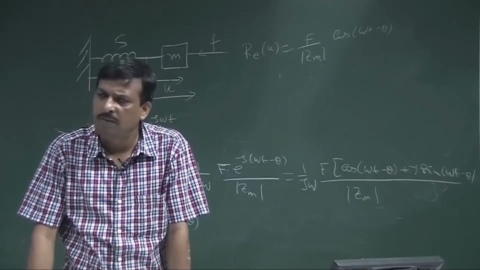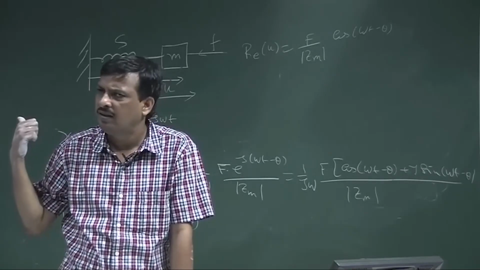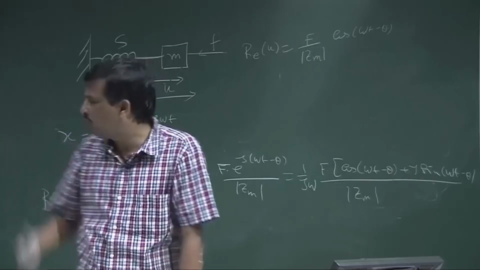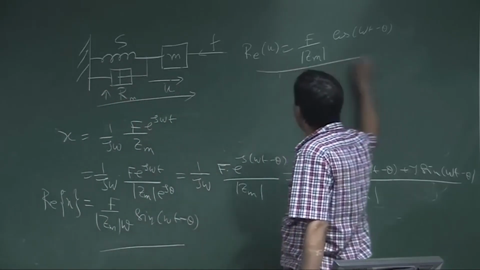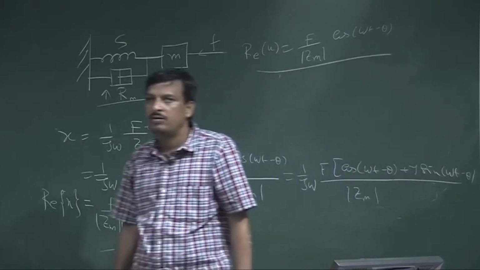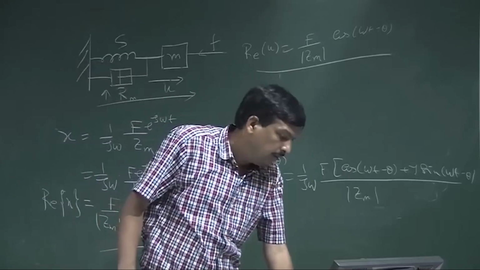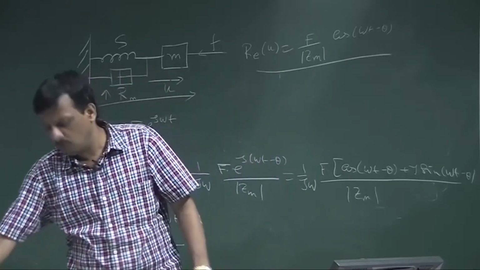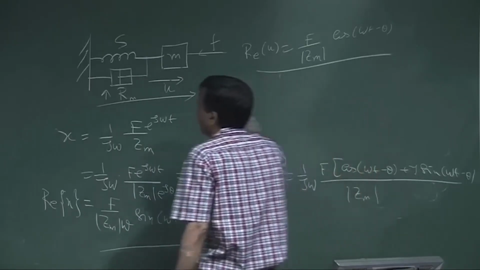So, I can take the u equation and take the real part, e to the power j (omega t minus theta). So, displacement is in sin function, velocity is in cos function.